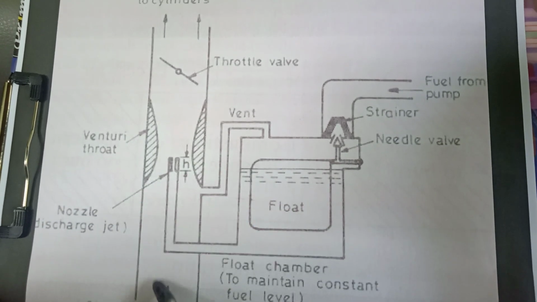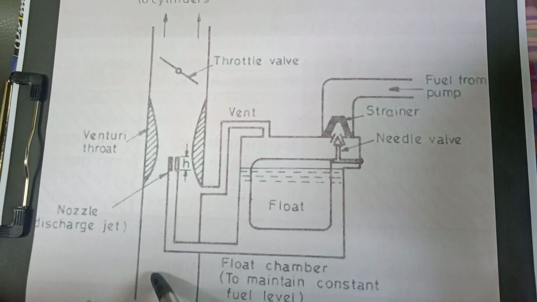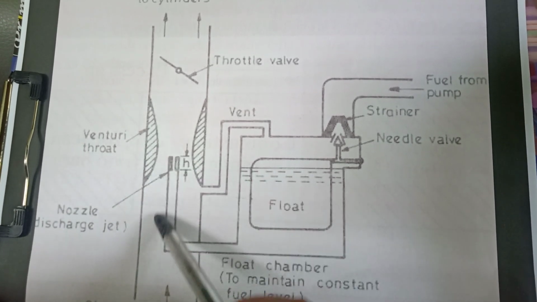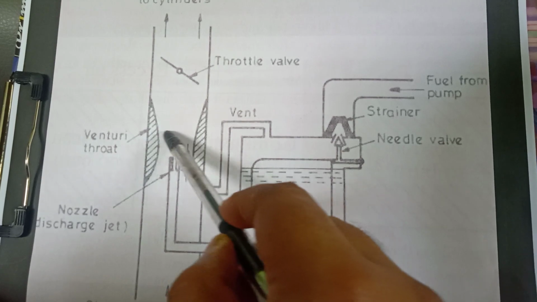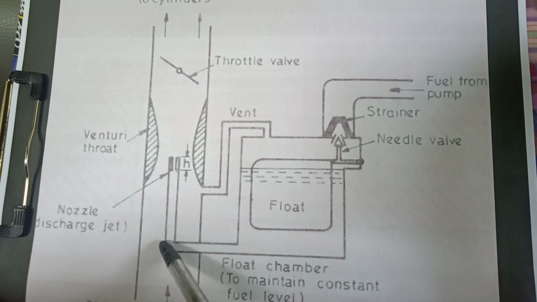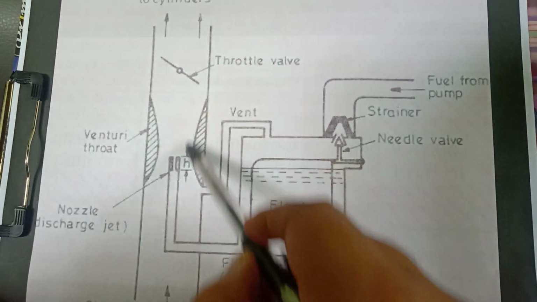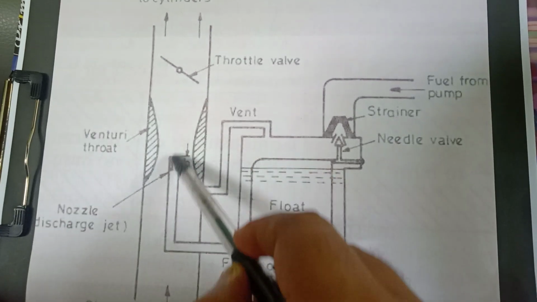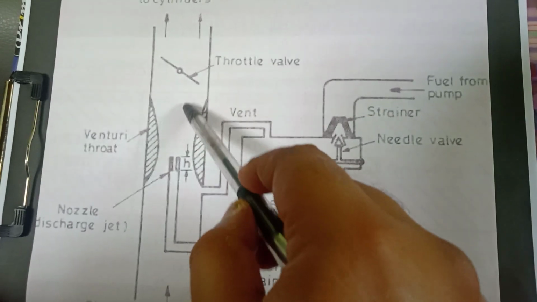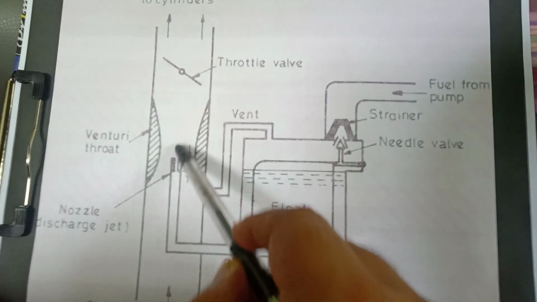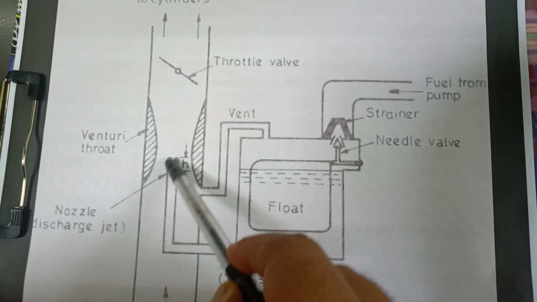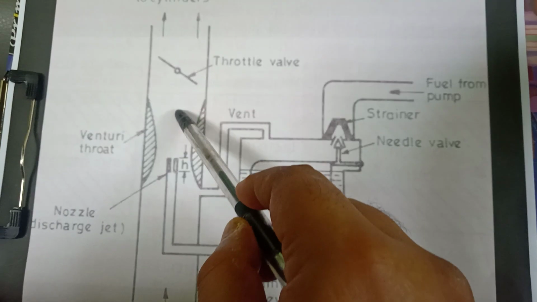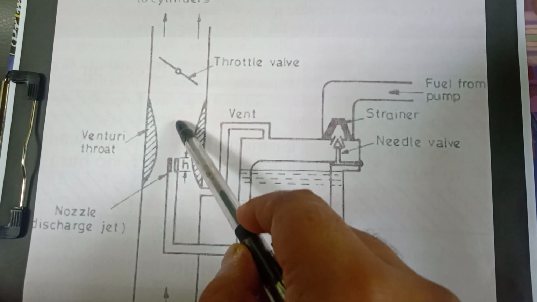When air moves through this throat, there is a reduction in area. Due to this reduction in area, the velocity of the air increases substantially.